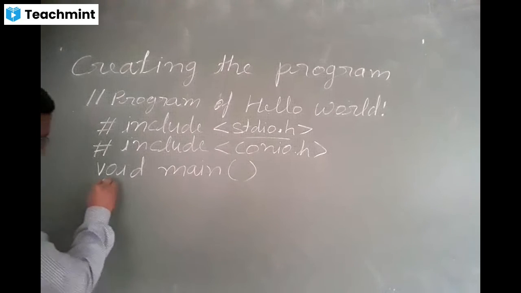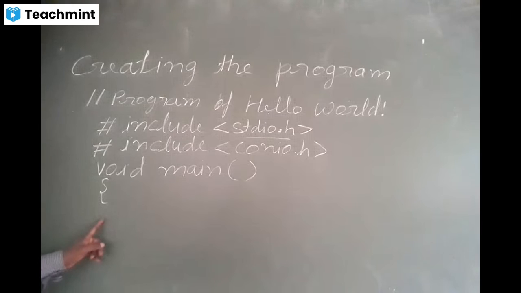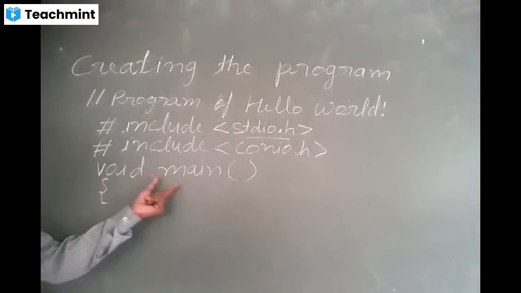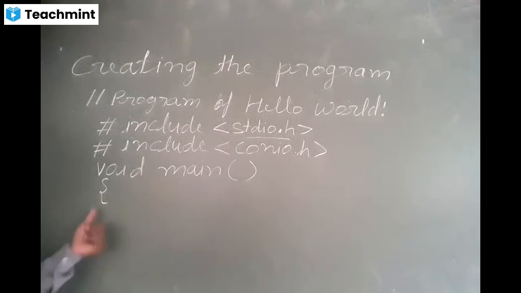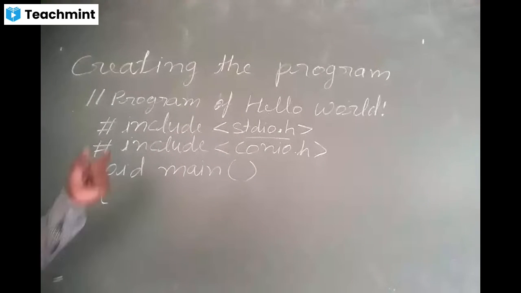So first we write the curly brace. This curly brace means the body of the main function will open from here. We write all the executable instructions in this section. We simply write two words on the computer screen.